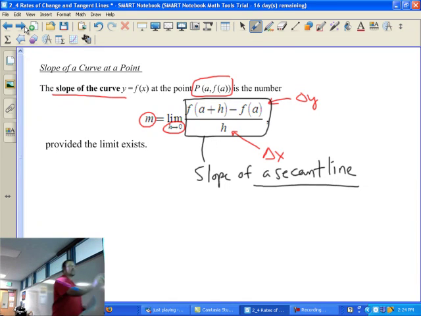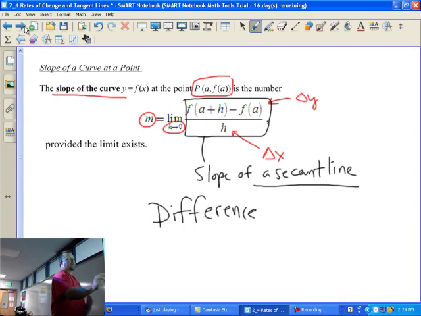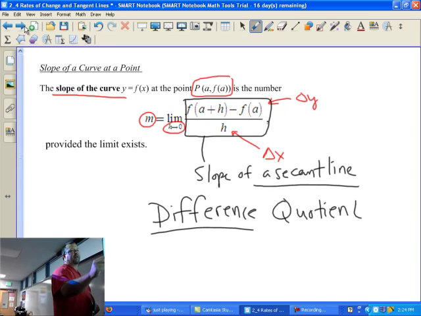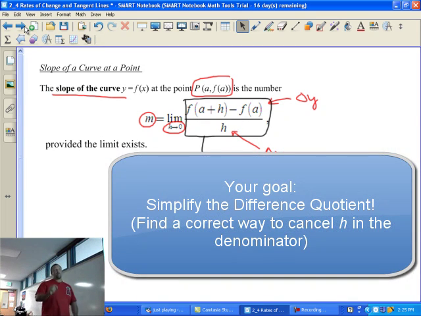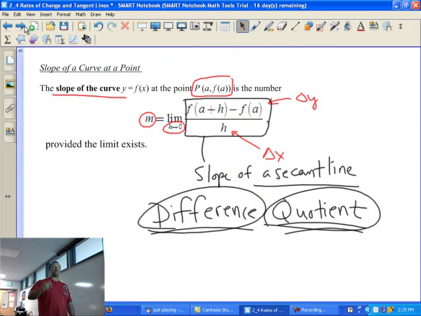Now this thing has a name. It's called a difference quotient. Again, incredible vocabulary skills. It's called a difference quotient because you are subtracting and dividing. Your goal is to simplify this difference quotient. What that means specifically is to cancel the h in the denominator by doing some kind of correct algebraic manipulation.